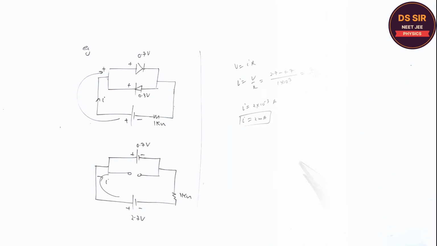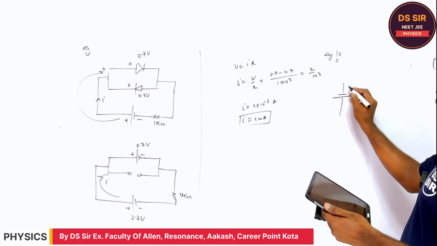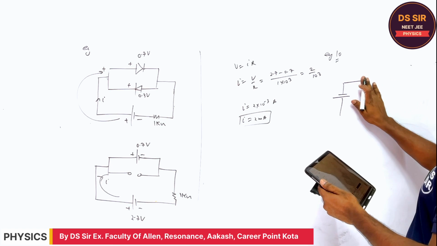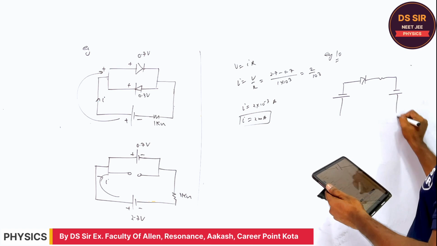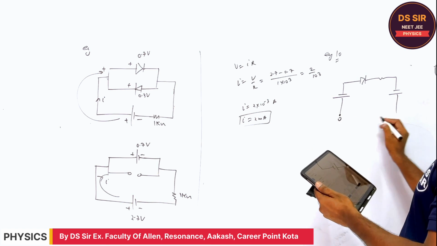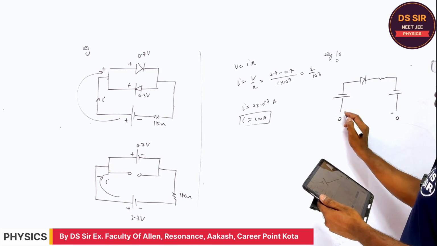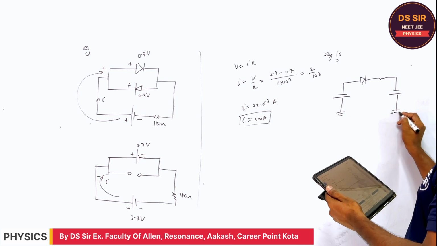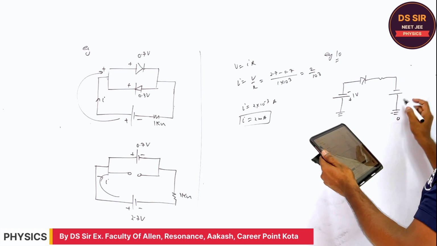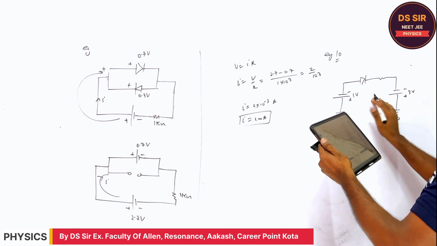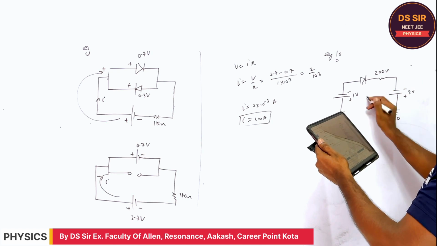Copy this. So this is one circuit, this is the battery, and this is the diode, right? This is the resistance, and this is again a battery, right? This is zero potential, and here is also zero potential, right? Zero potential, zero potential. This is 1 volt, this is 3 volt, this is 200 ohm, and this is the diode.